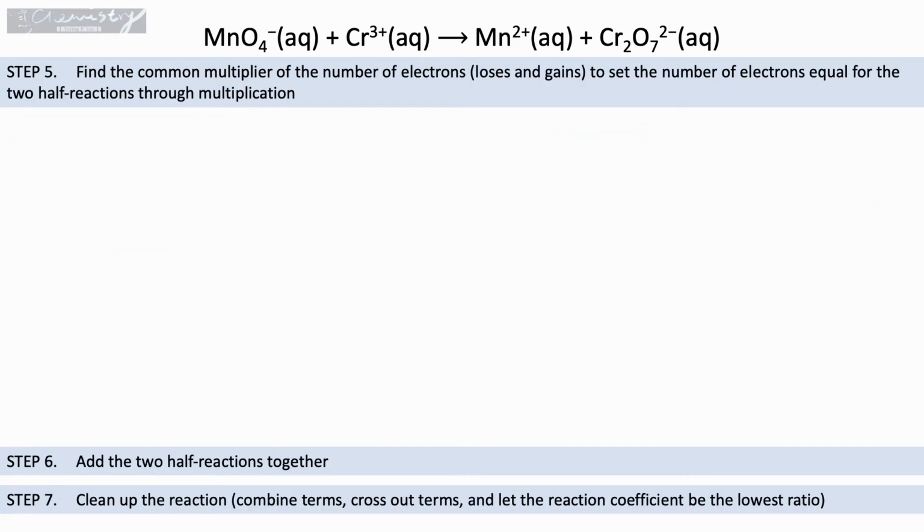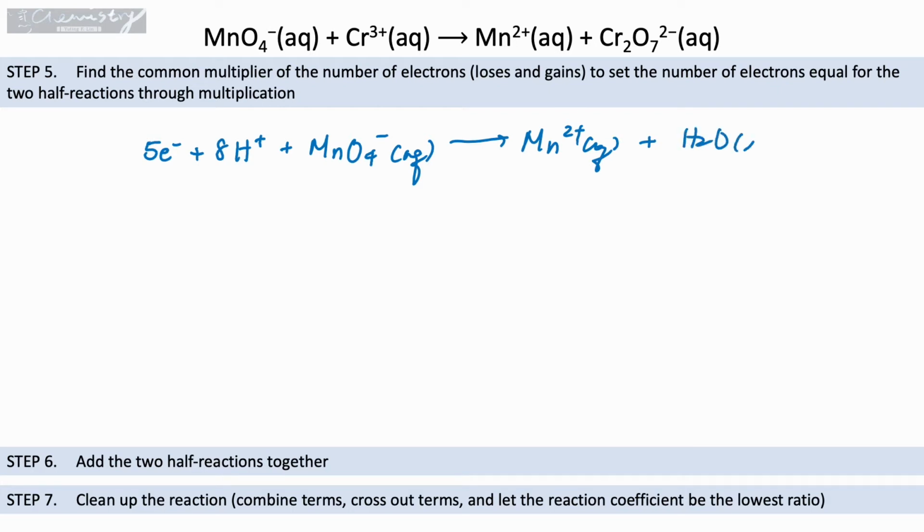And with that, we can find the common multiplier for the number of electrons. Before we do that, let me first start by copying down the half reactions that we have from the previous slide. In some cases, I am leaving out the physical state just for clarity.